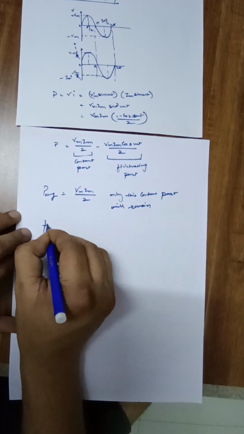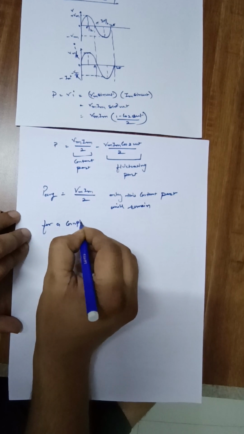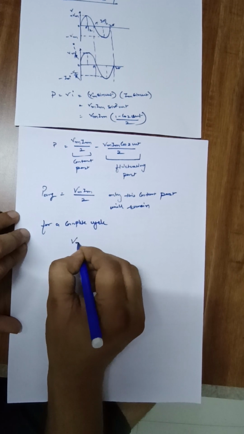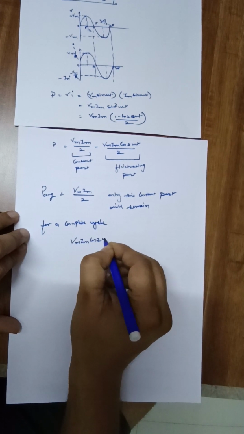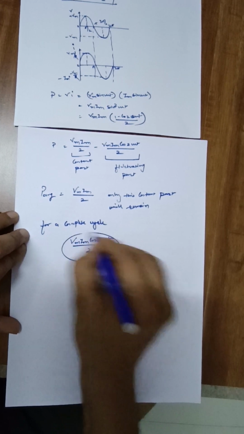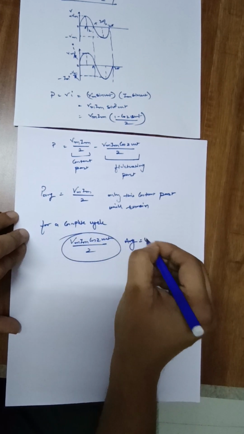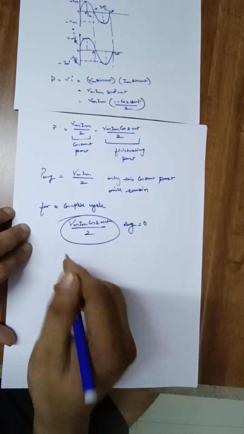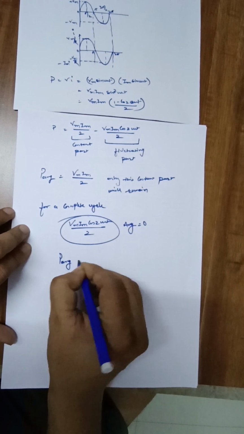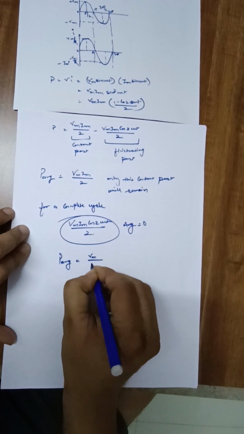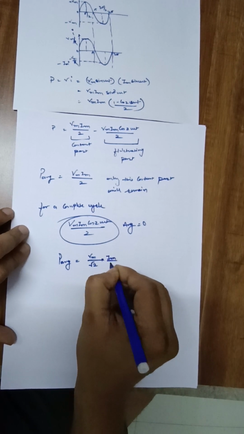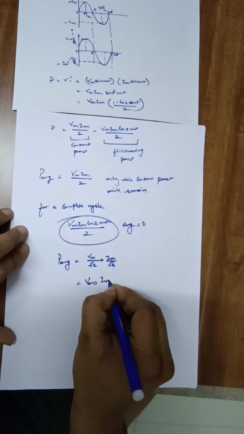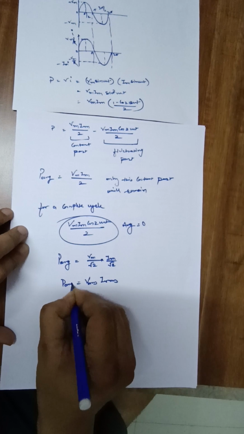Because for a complete cycle, the average of Vm Im cos 2 omega t upon 2 is equal to 0. This value will get 0. Therefore, P average will be equal to Vm by root 2 into Im by root 2. Here Vm by root 2 is Vrms into Irms. This is the average power.